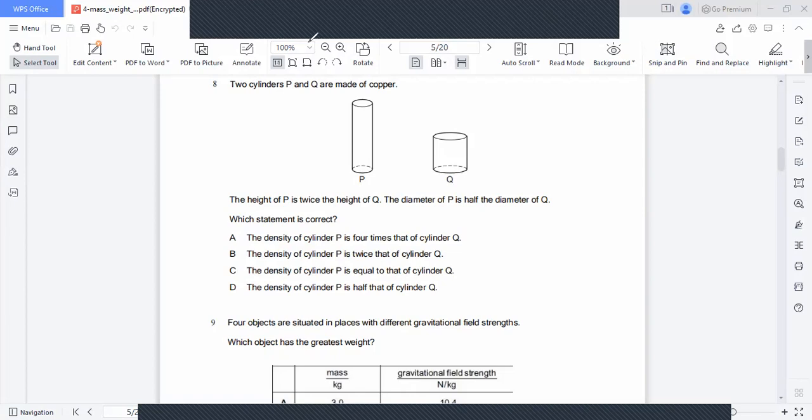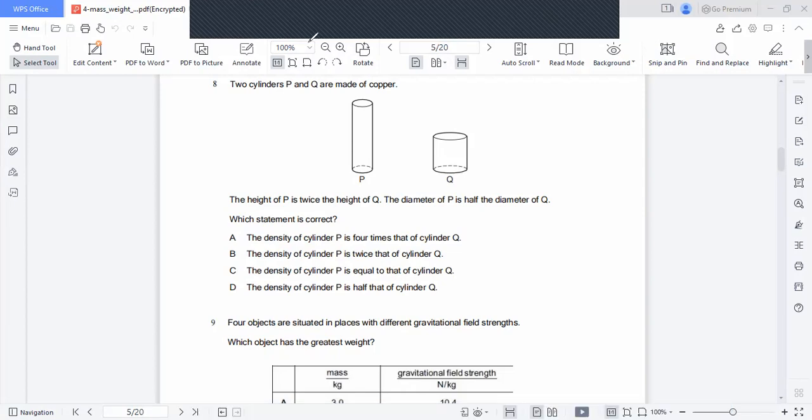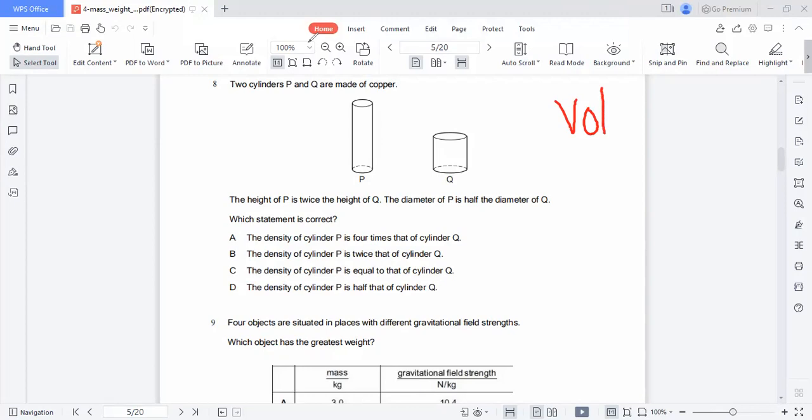The density of cylinder P is 4 times the density of Q. Let's calculate their volumes first because there is a difference of volume.